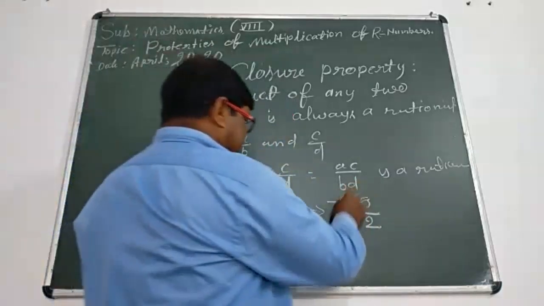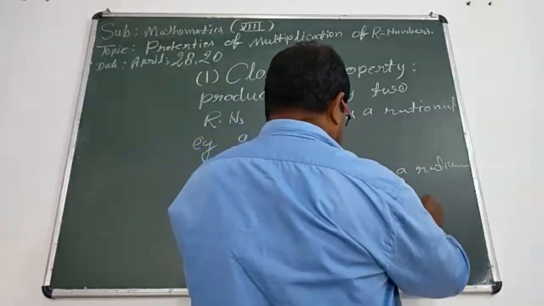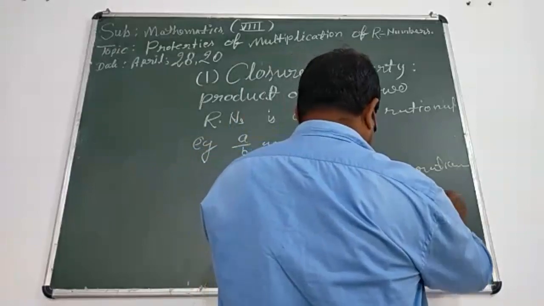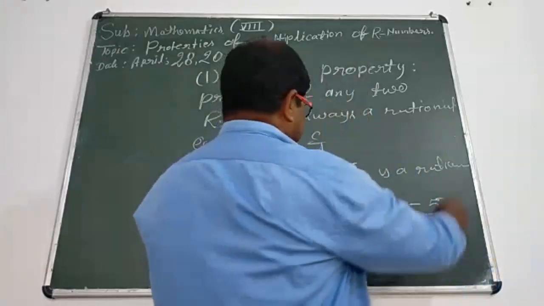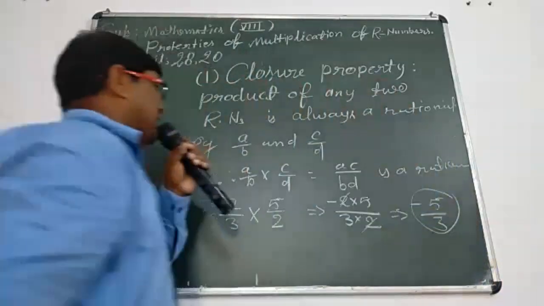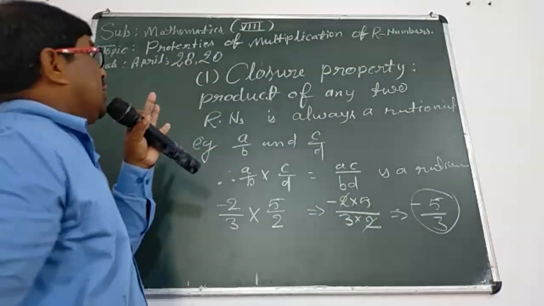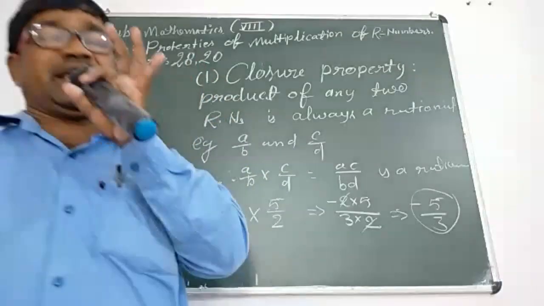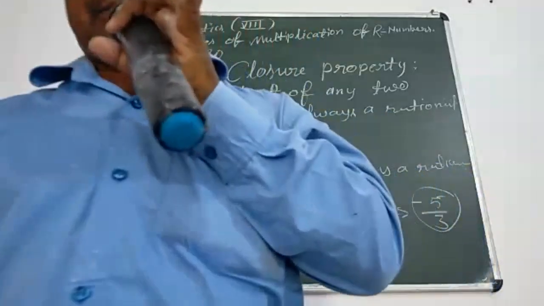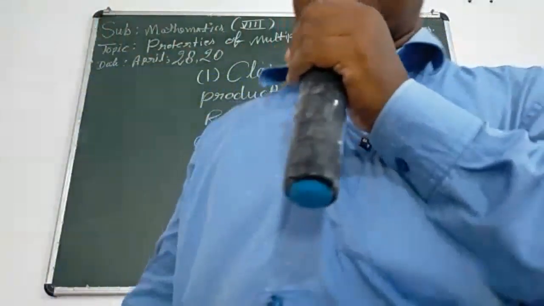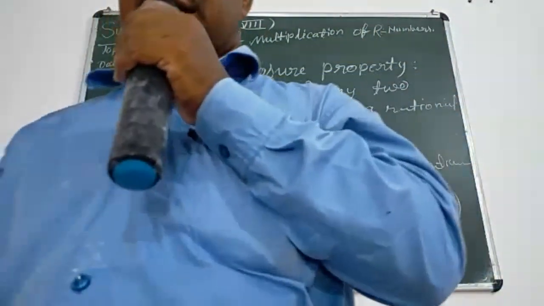Now student, 2 cancels, and you can write minus 5 upon 3. So this is also a rational. That type of property is called the closure property of multiplication. Understood?